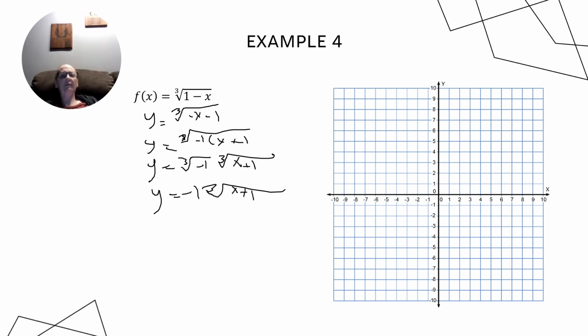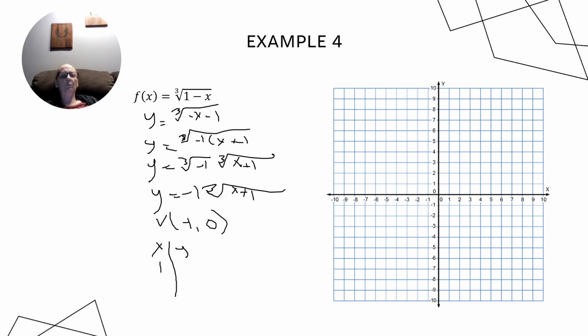Now we're ready to graph it. So we have our vertex, which will be what makes the inside of the cube root 0, and what's sitting on the outside, which is nothing. And then we have our little xy chart, because there's an a of -1. So this is going to go backwards. It's going to go to the left first on the top and right first on the bottom.